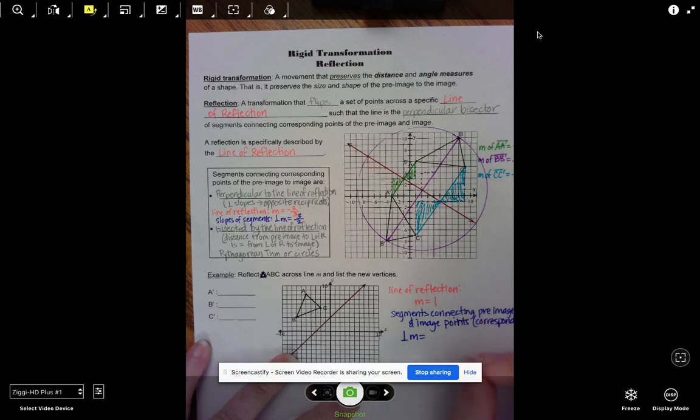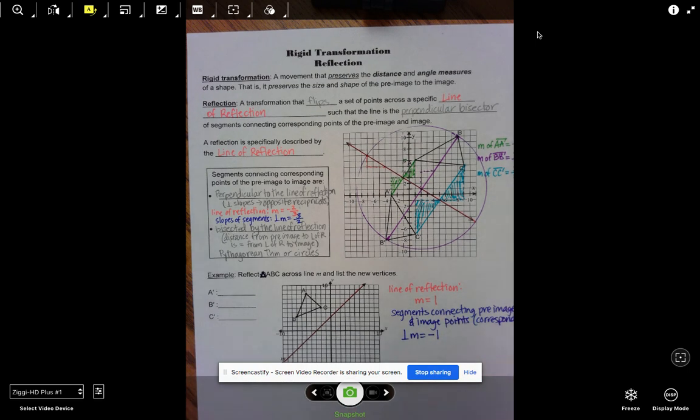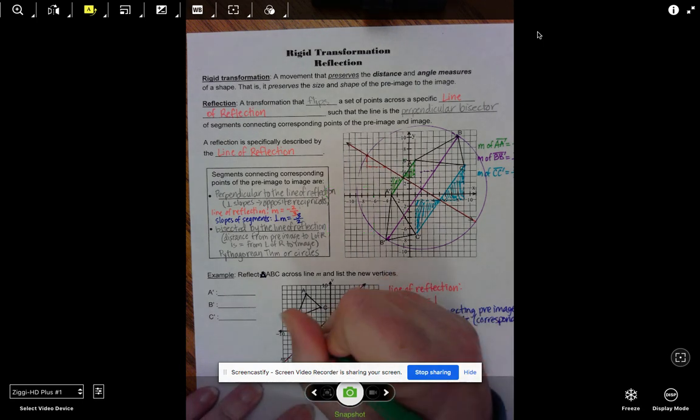So that would be the opposite reciprocal, which is going to be a -1 because we get 1 over 1 again. So what I'm going to do is use that to help me. So I know for sure that for any of these points, I'm going to go down 1 and over 1.